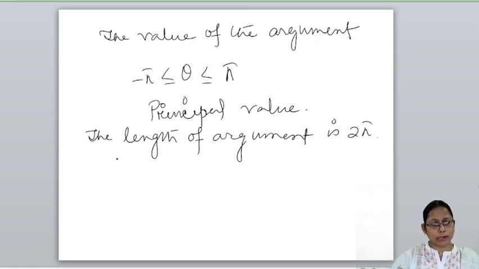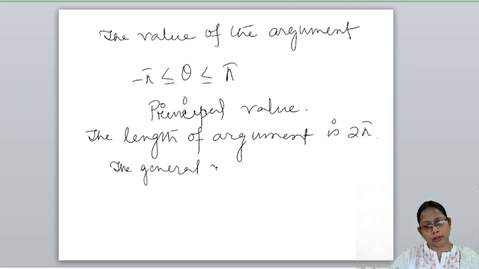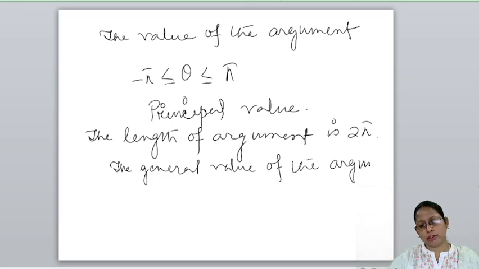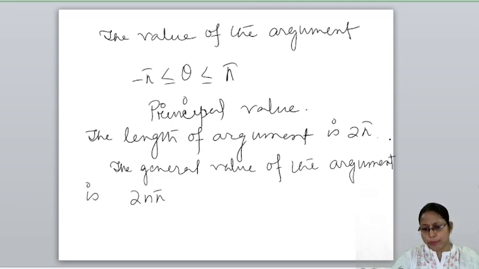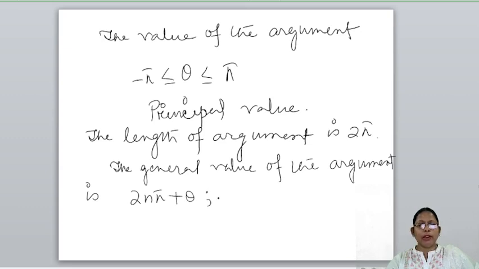The general value of the argument is 2n pi plus theta, where n is any integer, since we know theta is periodic with 2 pi.